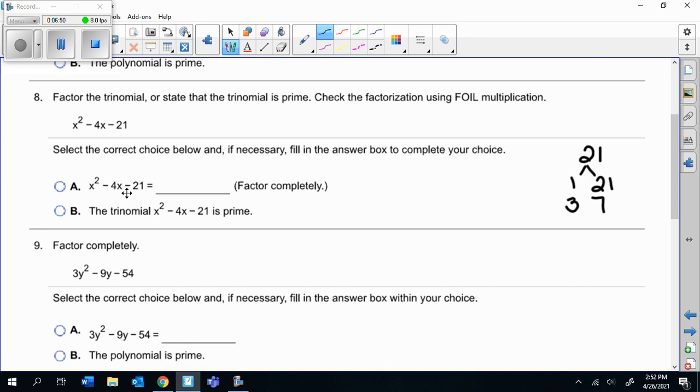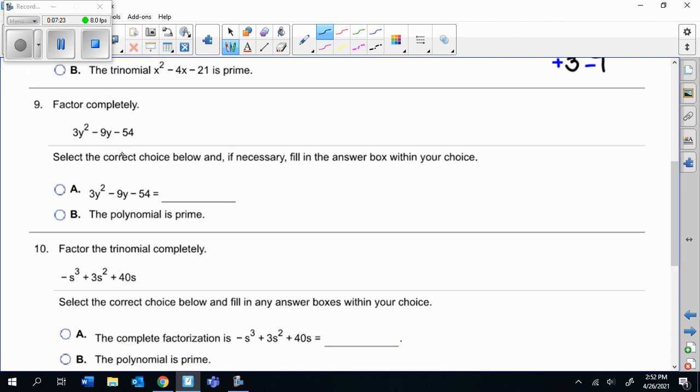The only way numbers multiply to a negative is if I have one positive factor and one negative factor. So instead of thinking of it as addition, you're adding, but one of them has to be negative. So it needs to be a little bit like subtraction. If this was a positive 3 and a negative 7, that would add up to negative 4 and multiply to negative 21. So there we go.